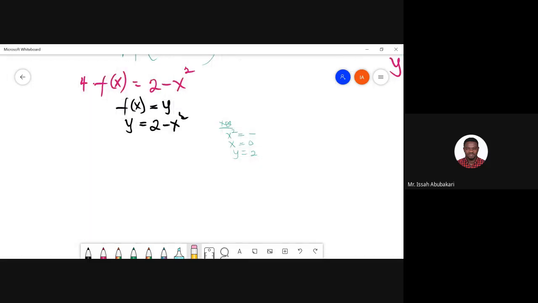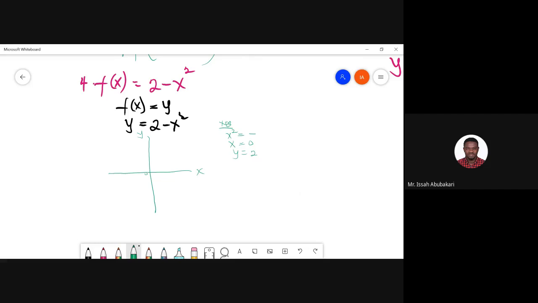Now let's try to plot this graph. Mind you, let's always try to write the range of a function after plotting the graph. Is that okay? All right. So we are going to have our vertical line and horizontal line. This is our x values and this is y values and their intersection. Okay.